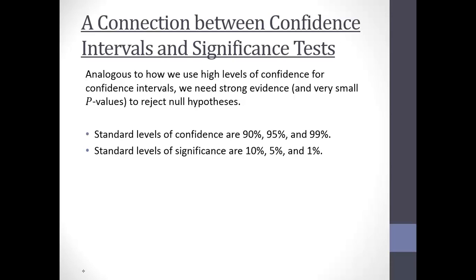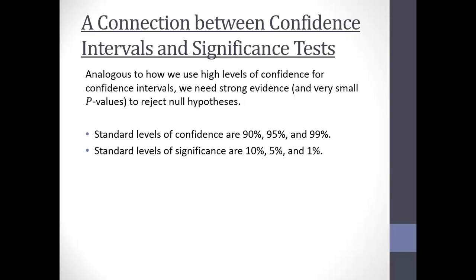So really just a lot of terminology in this chapter, a lot of things to think about. This slide points out that there is a connection between the confidence level you choose and the significance level you choose. Those things go hand in hand.